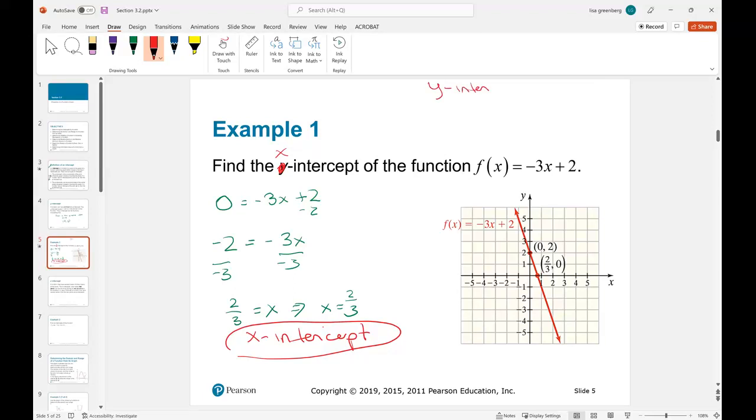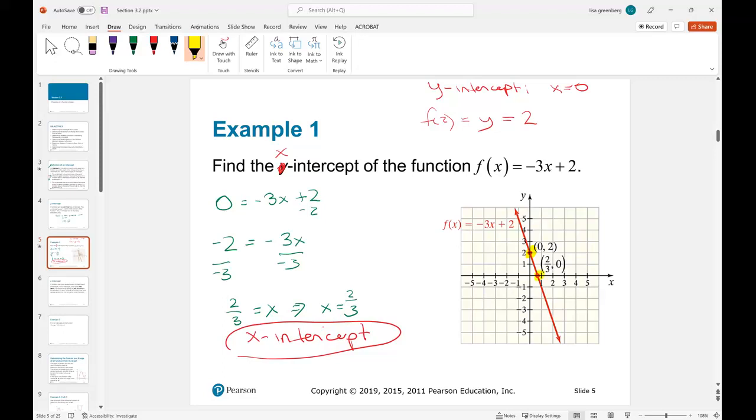I find the y-intercept by saying x equals 0. And when x equals 0, I get negative 3 times 0, which is 0. So I get y equals 2, or f of x equals 2. And that point is the y-intercept. It's this point right here, and the 2/3 that we got before is the x-intercept.